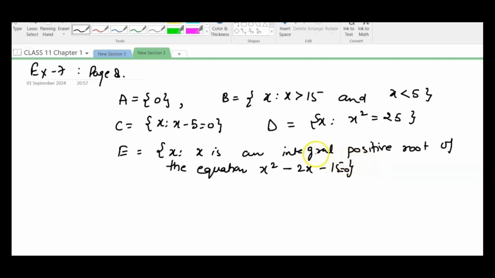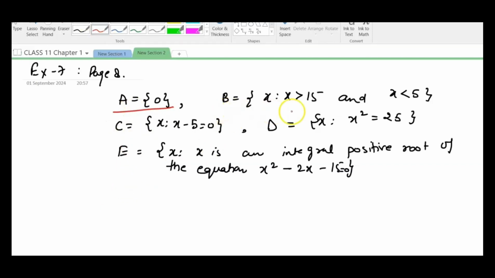So, we need to see which of these sets are equal to each other. Okay, so let's write these sets in the tabular form. This set A is {0}, so it is clear.